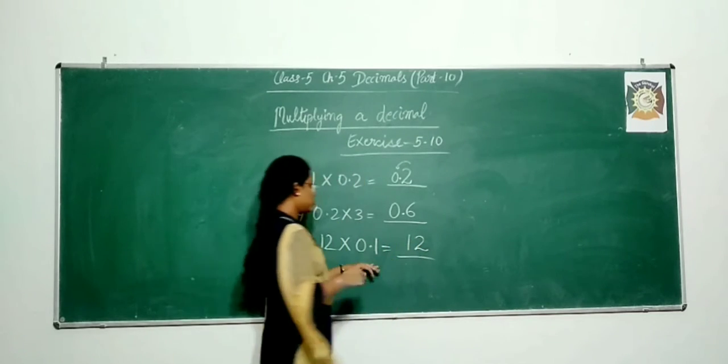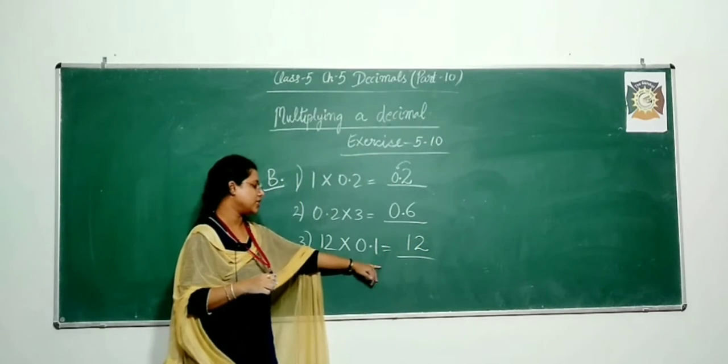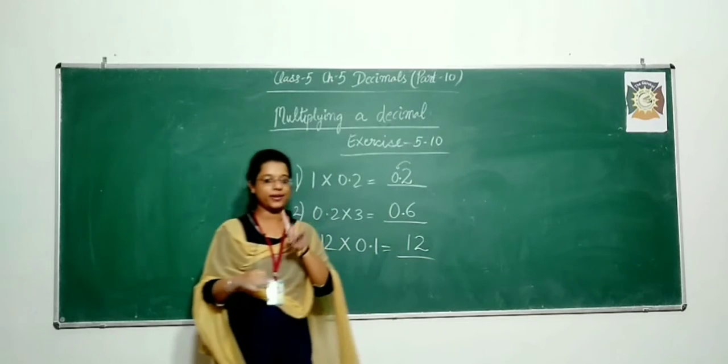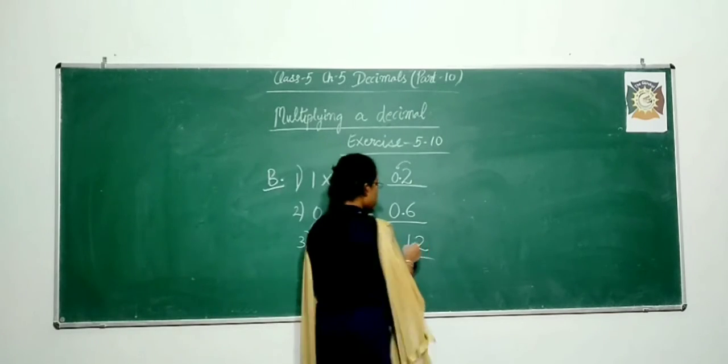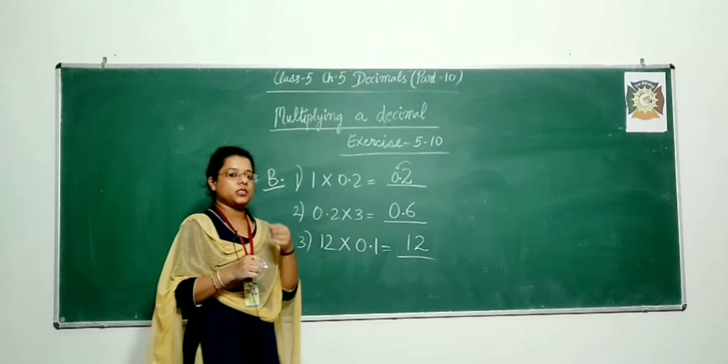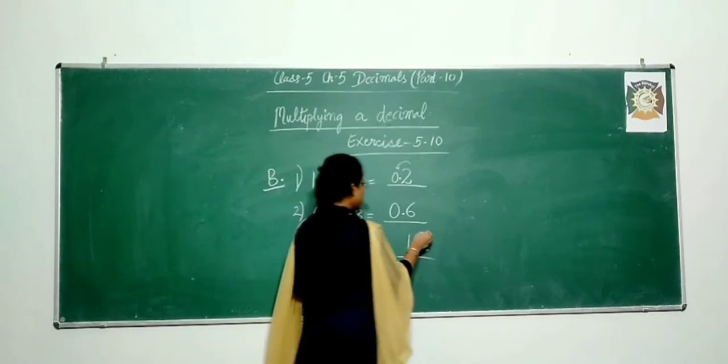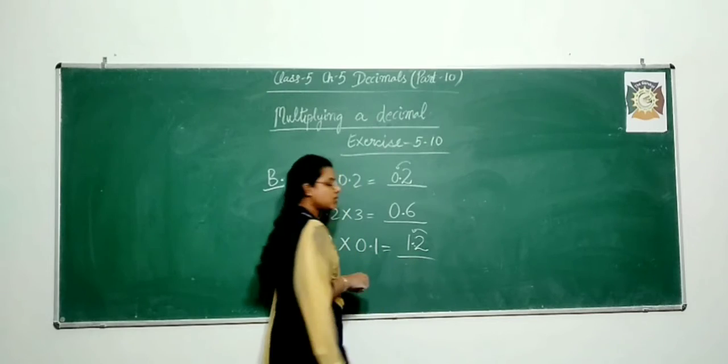Since there is 1 decimal place, the product will also contain one decimal place. So you will place the decimal point at one position moving from the right. Therefore, it will become 1.2.